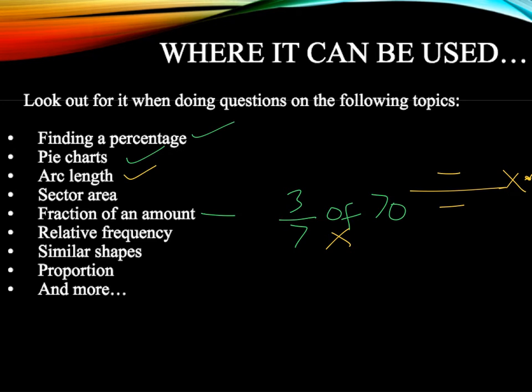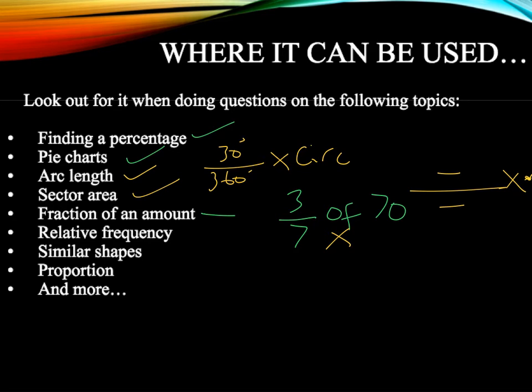Arc length. Okay, well, that's just a part of the whole circle. Let's say we've got 30 degrees out of 360 multiplied by the length of the whole circumference. Sector area, really similar. It's the angle out of 360 multiplied by the area.